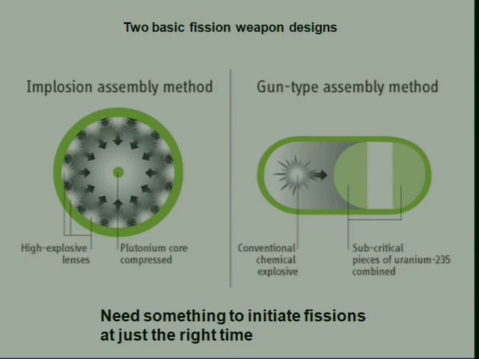And you know the range of alpha particles is very short, so as long as you have the two foils, or whatever the physical form of these things is, it doesn't matter, as long as they're physically separated and you have maybe an inch of air or some material in between, you won't have any nuclear reactions happen. So you can use the explosion to bring these two things in contact with one another.